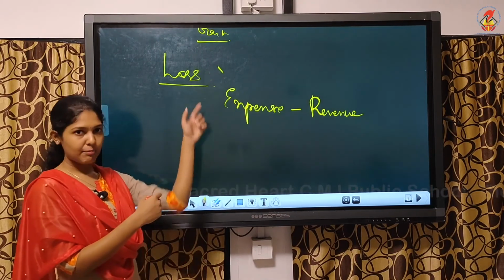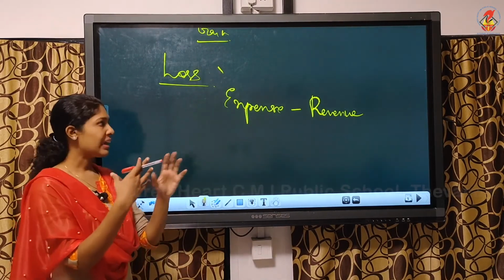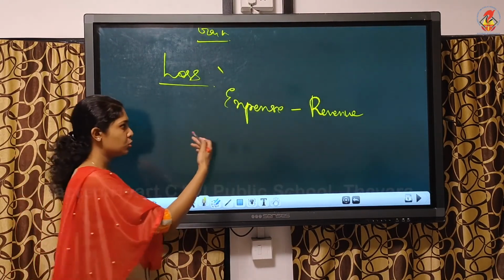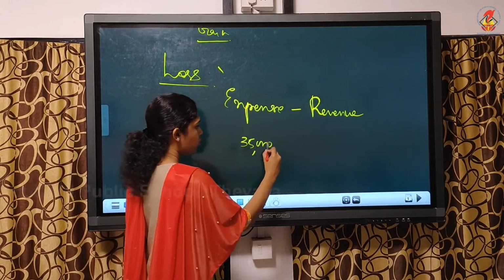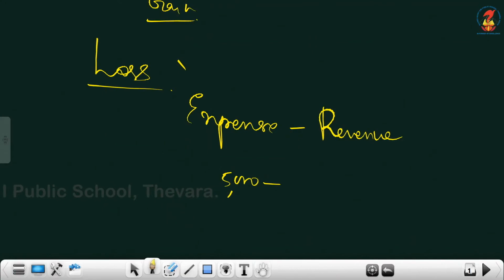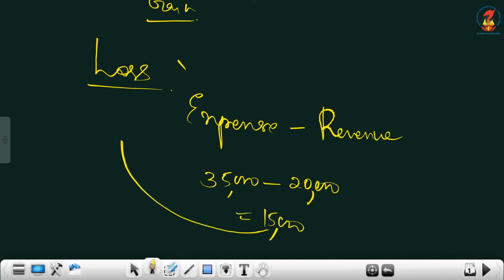You can write the same example, just make the expense more. You write cost of goods sold as 35,000 and revenue as 20,000. So, the difference is 15,000, that is called your loss.